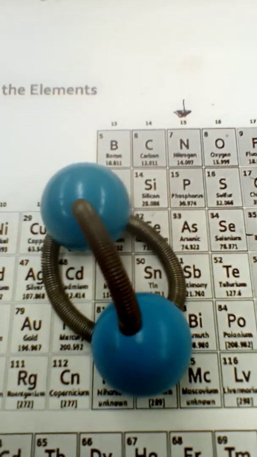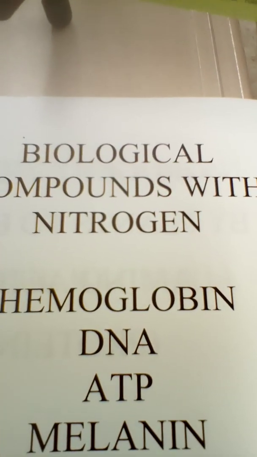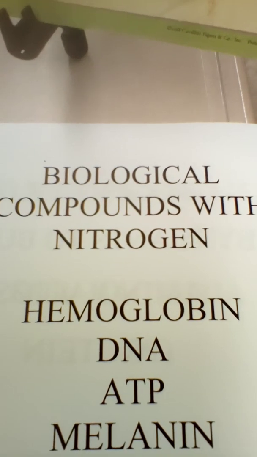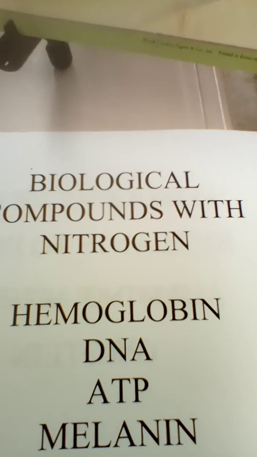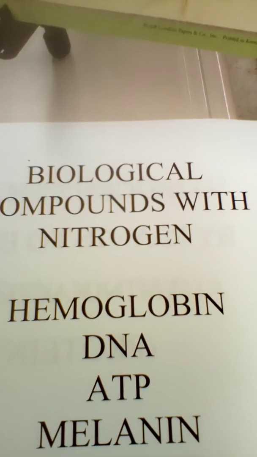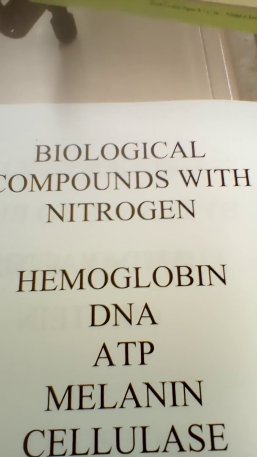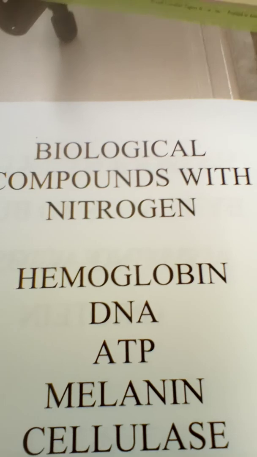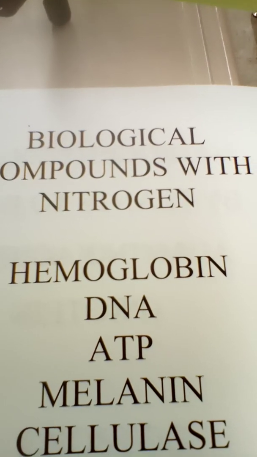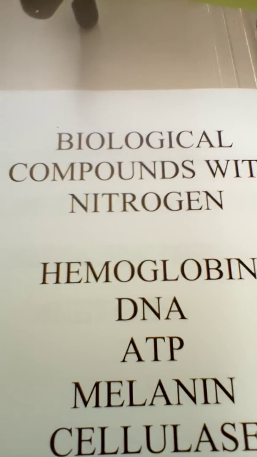So there's your background on nitrogen. Let's look at the importance of nitrogen in biological compounds, or compounds you find in living things. You've got hemoglobin. Hemoglobin is a protein in the red blood cells of animals, and it is responsible for attracting oxygen molecules and then delivering that oxygen to the cells.